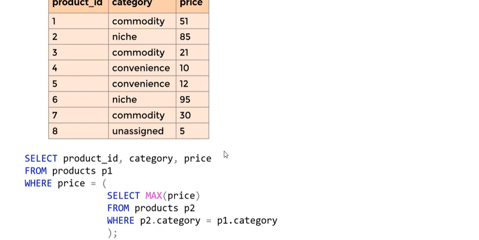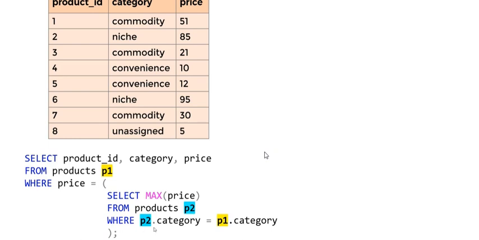In the outer query the products table is aliased to P1, and in the subquery the same products table has been aliased to P2. This is necessary because then we can correlate the category column from the subquery to the category column from the outer query, and we do that in the where clause of the subquery.